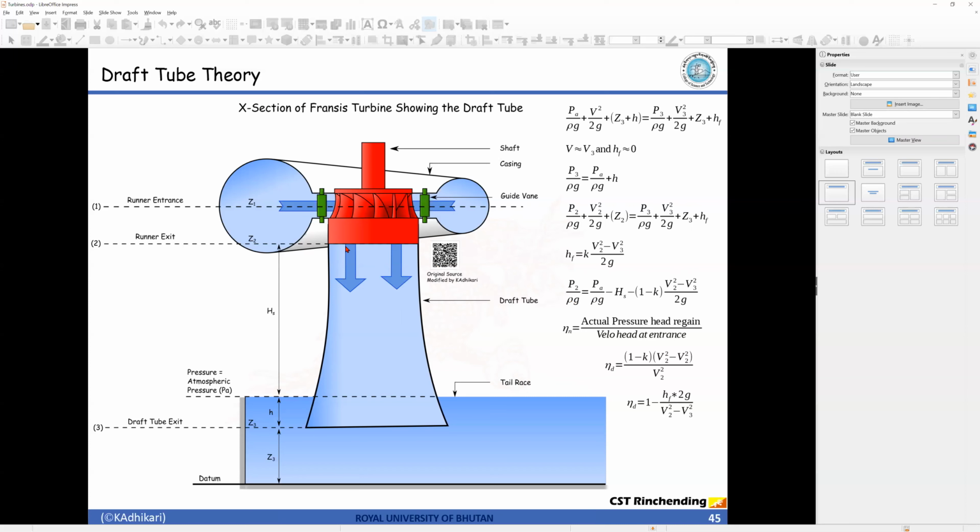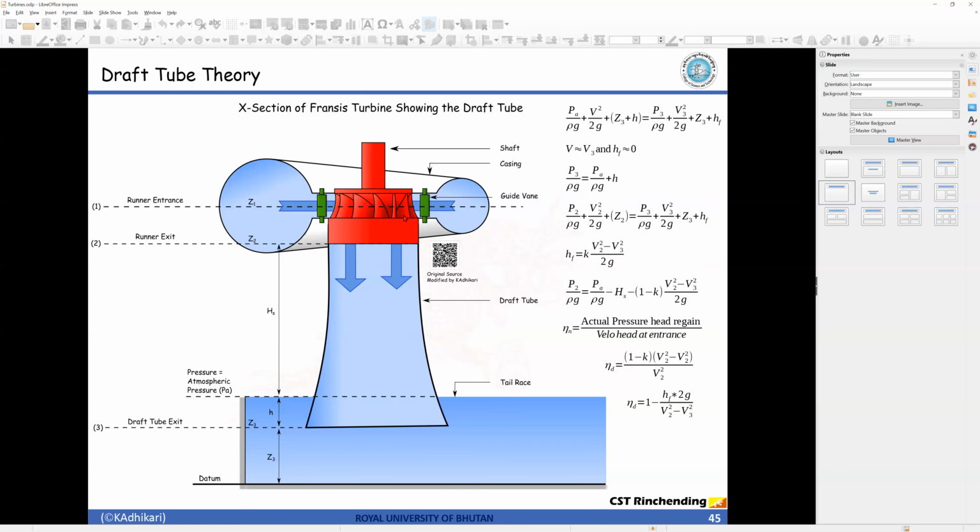So that would be the pressure head. But the cross section is increasing, so the velocity head at this portion and this portion is different. So what we can do is further reduce the pressure here. That is what we call pressure head regain.